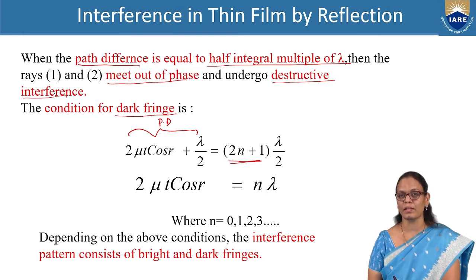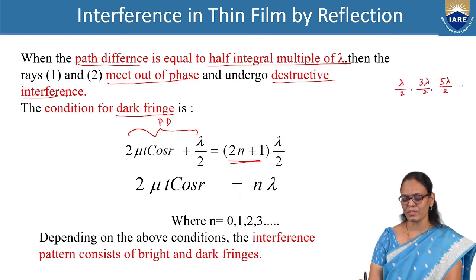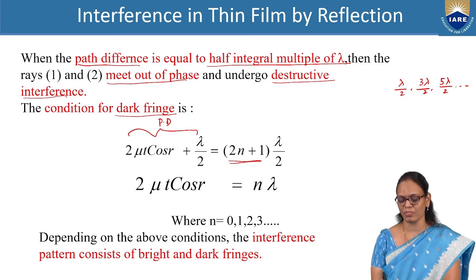N is equal to 1, we get 3 lambda by 2. So lambda by 2, 3 lambda by 2, 5 lambda by 2, and so on. So half odd multiples of lambda, 2n plus 1 into lambda by 2.